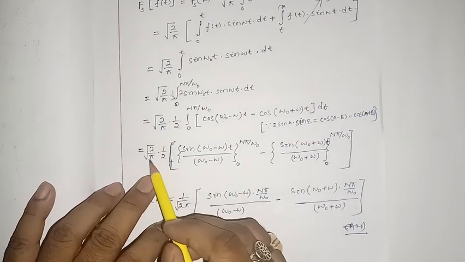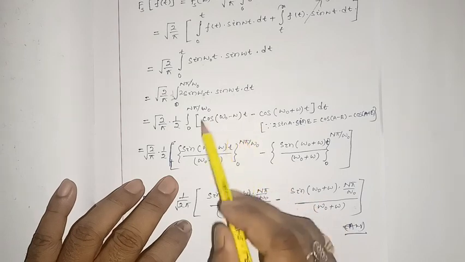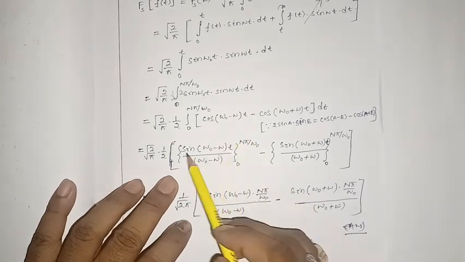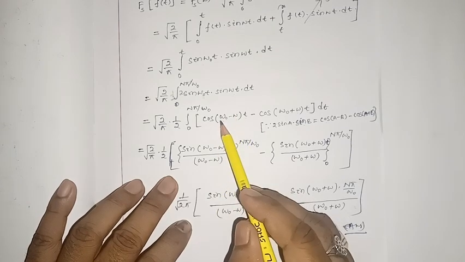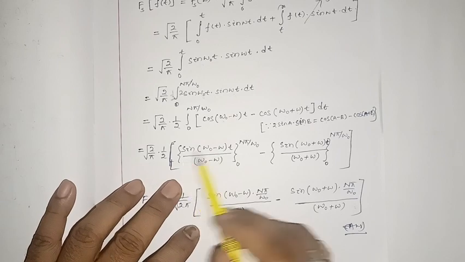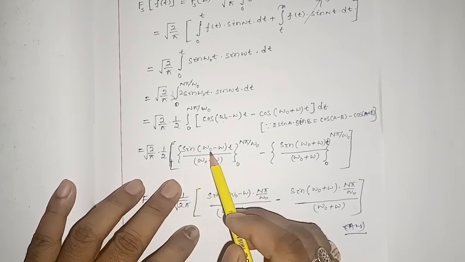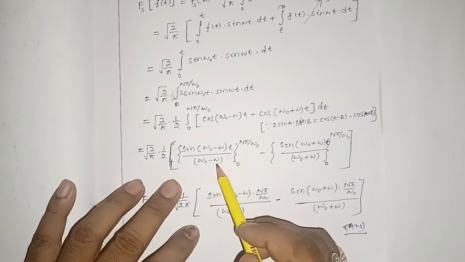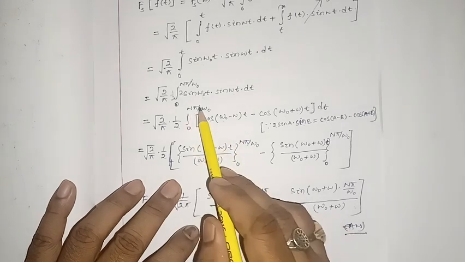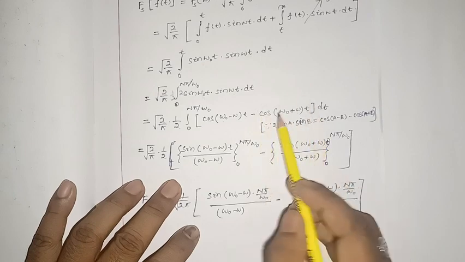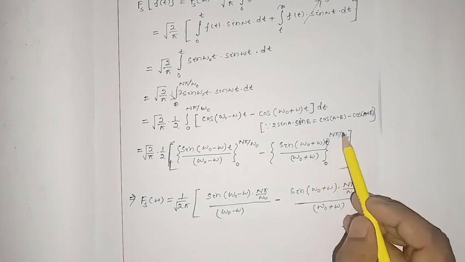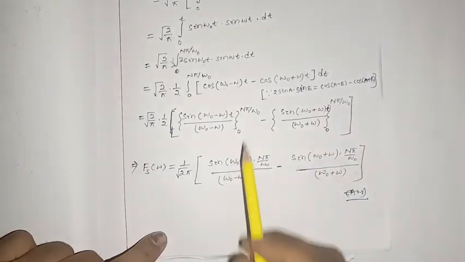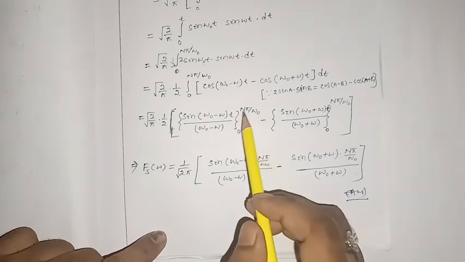Now root over 2 by pi times 1 by 2, and this integration of cos will be sine of omega naught minus omega t by this constant omega naught minus omega, because cos integration is always plus sine. So plus sine of omega naught minus omega t by omega naught minus omega, with limit 0 to n pi by omega naught. Then minus the integration of this one, sine of omega naught plus omega t by omega naught plus omega, 0 to n pi by omega naught. We have to just substitute the limits.